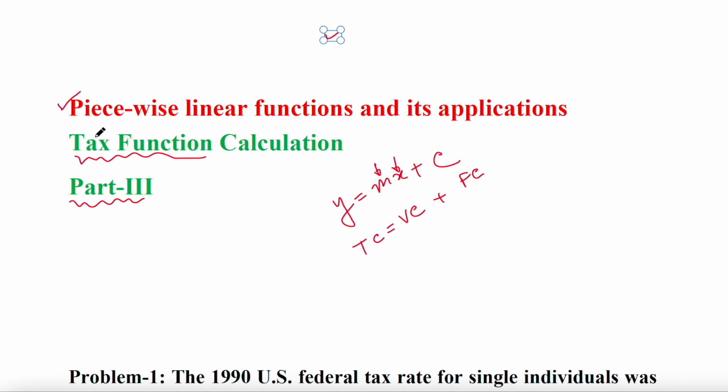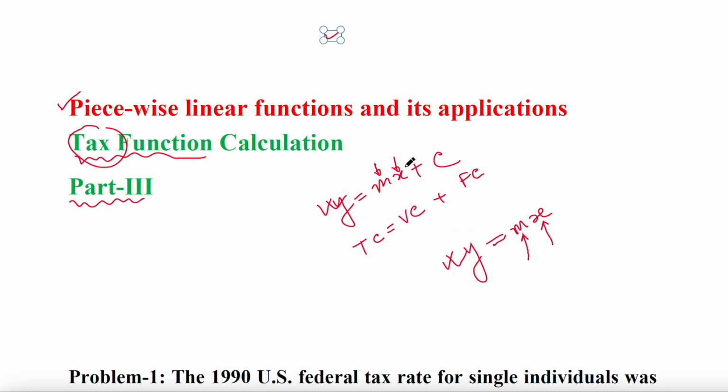And today the tax function we denote again by y is the tax and mx, where m is the tax rate per unit or per dollar, and x is the total income. So the difference between cost function and tax function, you see there is no c in the tax function. Why?